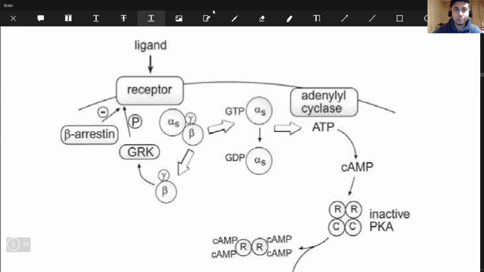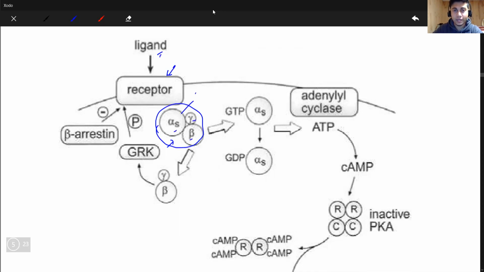So again, to recap how the Gs coupled receptor works. First, as you see, the ligand binds to the receptor. The receptor is the G protein coupled receptor, and this trimeric protein is your G protein. This G protein has three subunits, alpha, beta, and gamma.